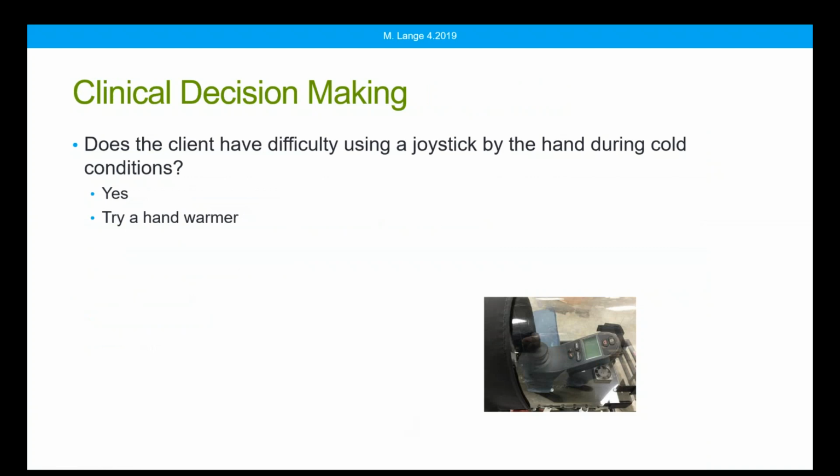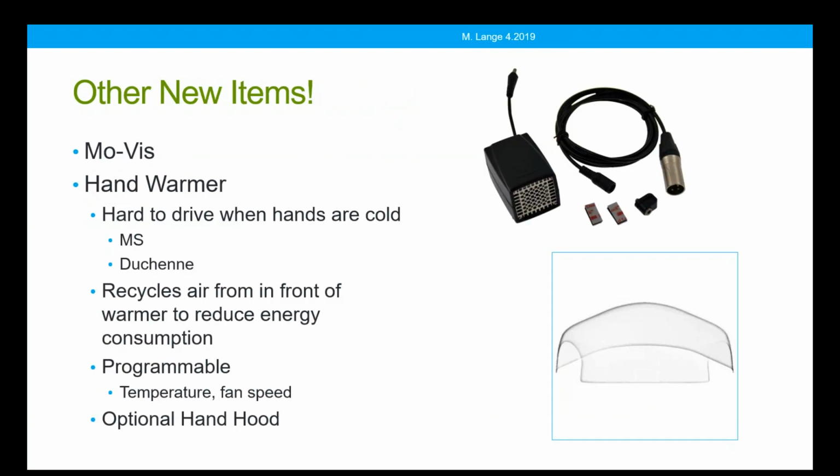So back to our clinical decision making. Does the client have difficulty using a joystick by the hand during cold conditions? Well, if the client does, and this is common in some clients with conditions like multiple sclerosis or Duchenne, we can actually use a hand warmer. Movis is one of the companies that offers a hand warmer.